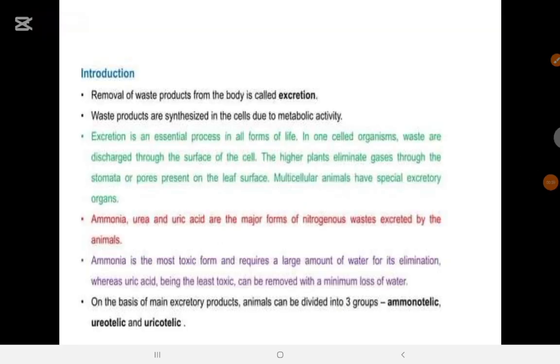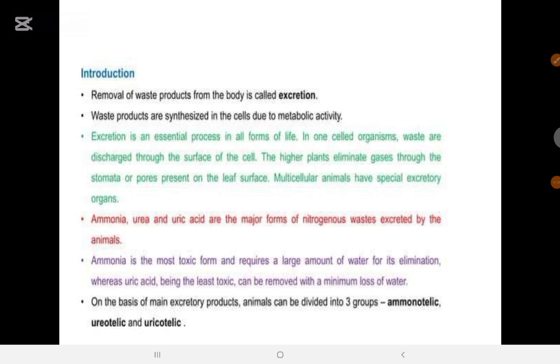We know that all organisms basically remove waste products from their body, and the process by which they do so is excretion, isn't it? Excretion is the removal of waste products of metabolic activities. Metabolic activities usually produce waste products, which could be oxygen for plants, carbon dioxide for some animals, and ammonia, urea, uric acid, etc., or water.